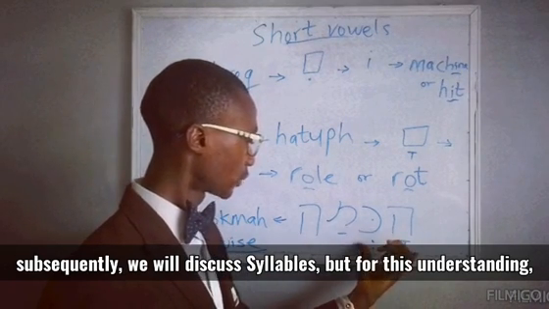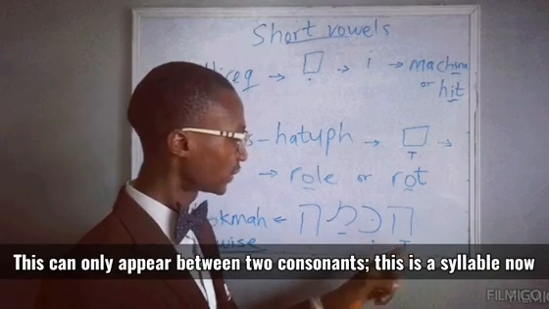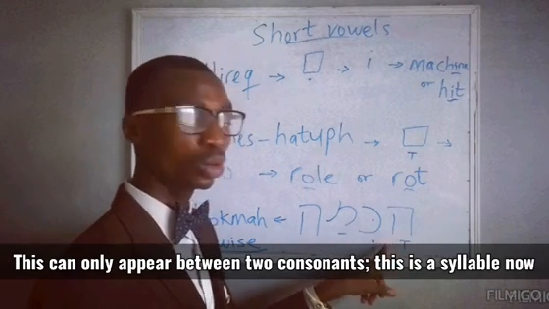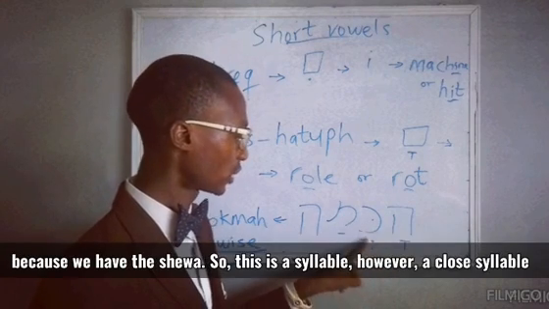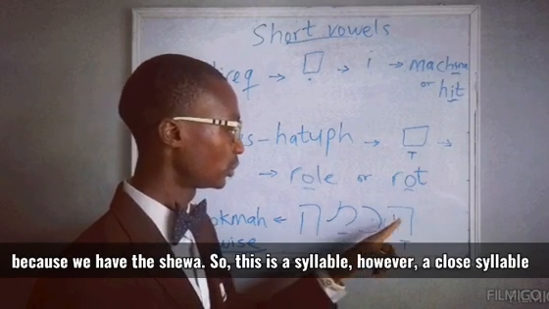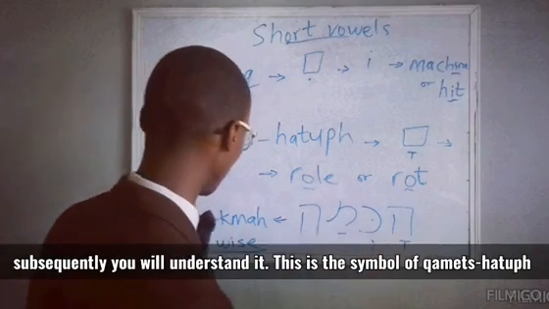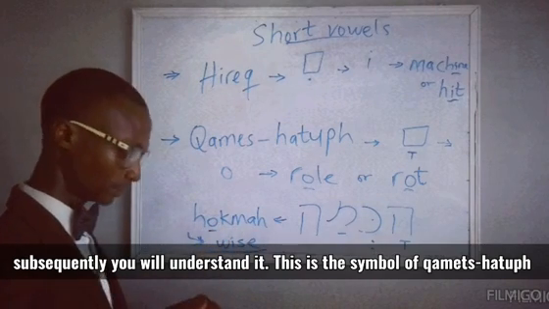But for this understanding, I'd like you to know that this can only appear between two consonants. So this is a syllable now because we have the sewa. However, it's a closed syllable. So this is the symbol of Kamet Atef.